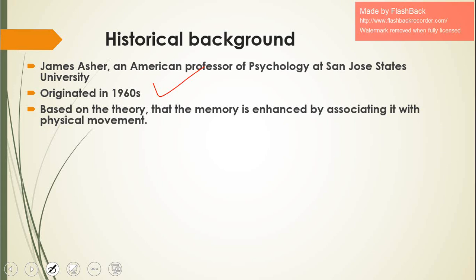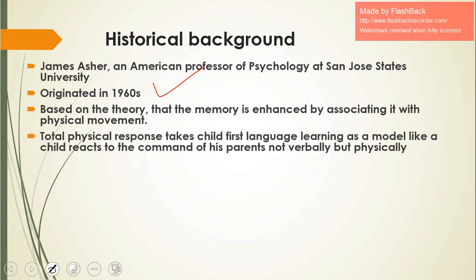Next, total physical response takes child first language learning as a model. A child reacts to the commands of his parents not verbally but physically. A child is unable to respond to his parents' commands verbally, but he reacts to them physically. For example, a father says to his son, "Get up, son." The child gets up.